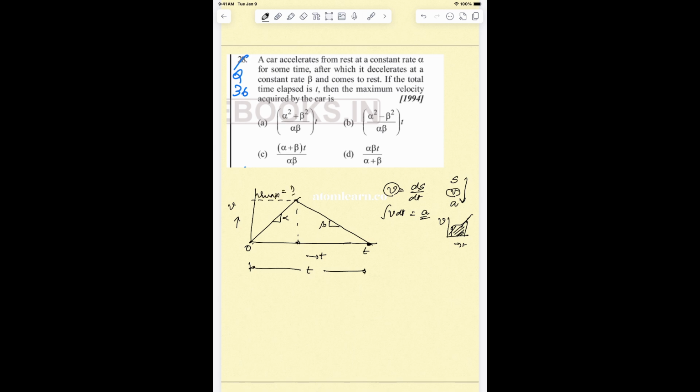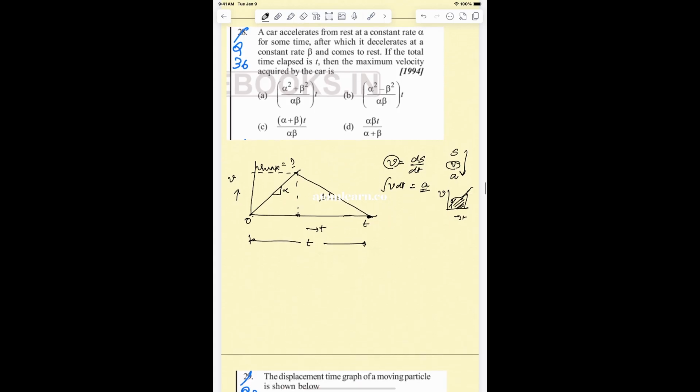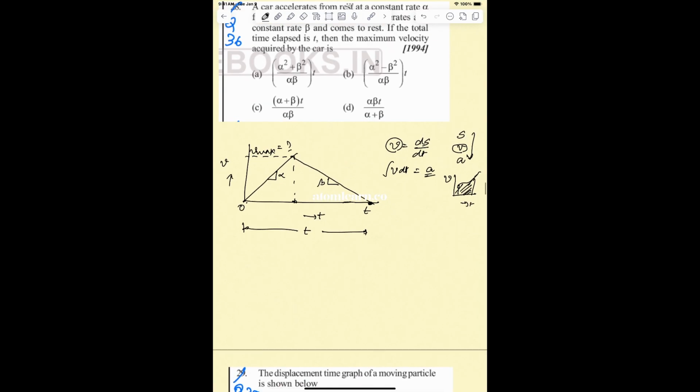Now, if you look at these two triangles, the height is given by slope into base. Let us say this base is T1, and this is T2, and therefore T1 plus T2 put together will be equal to the total T, which is given data.